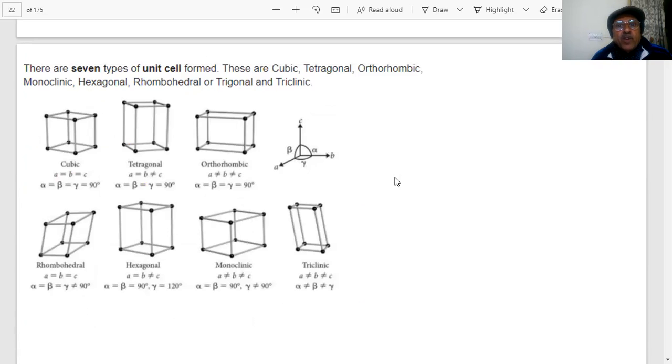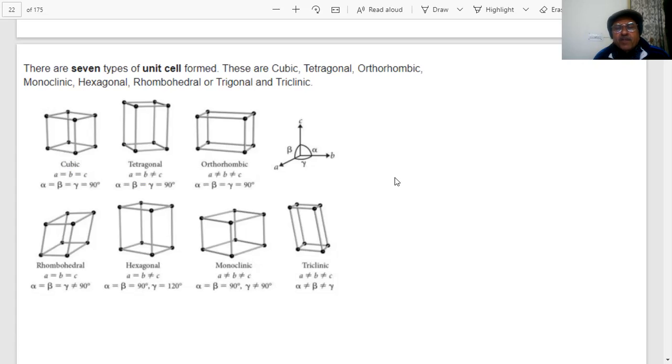What we have written here: cubic, tetragonal, orthorhombic, monoclinic, hexagonal, rhombohedral or trigonal, and triclinic. Probably in your books, when you study inorganic chemistry, groups of elements like sulfur and phosphorus, you may have seen that phosphorus and sulfur exist in different allotropes.